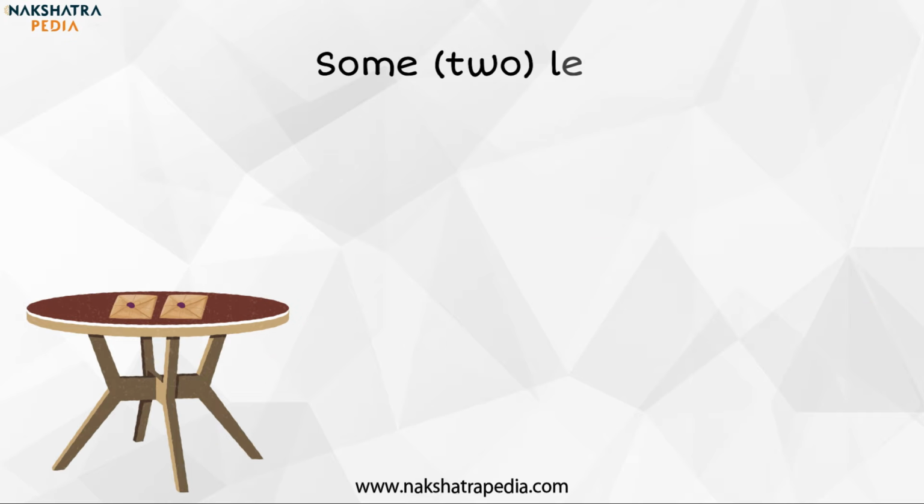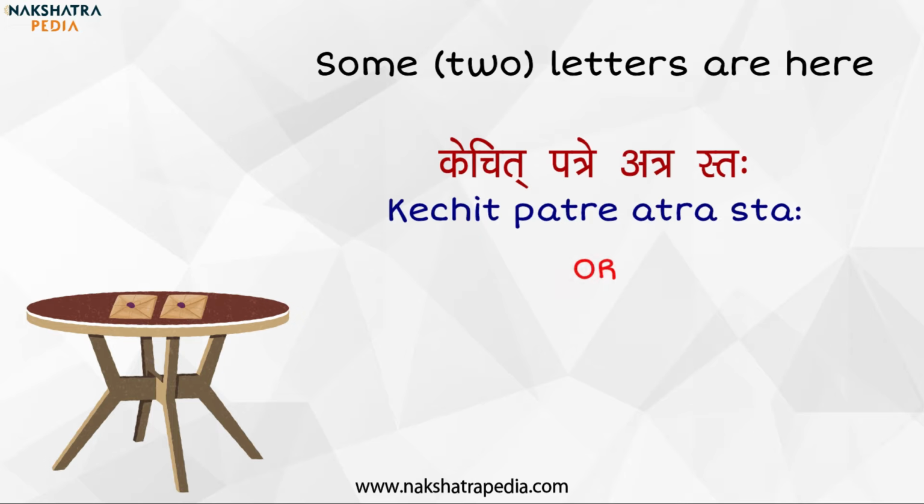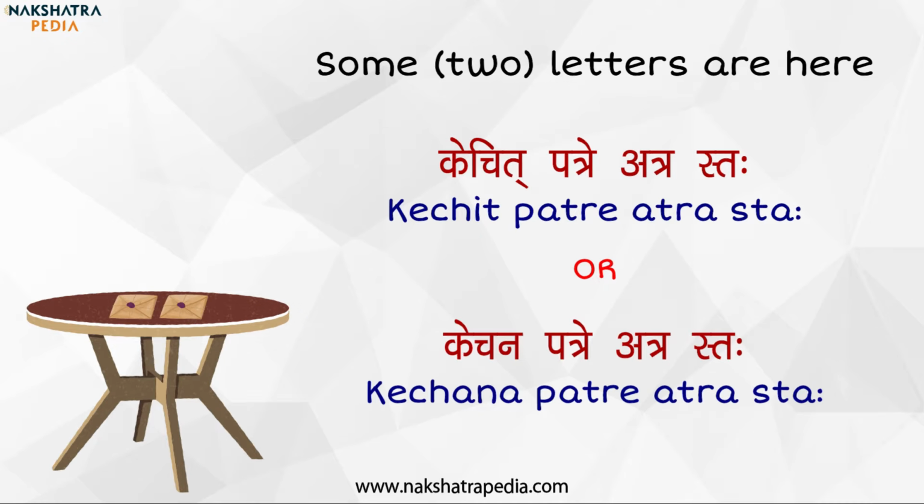Similarly, for neuter, if we have a sentence, some letters are here, but there are two letters and we are not sure, then it will be Kechit or Kechana patre atrastaha.